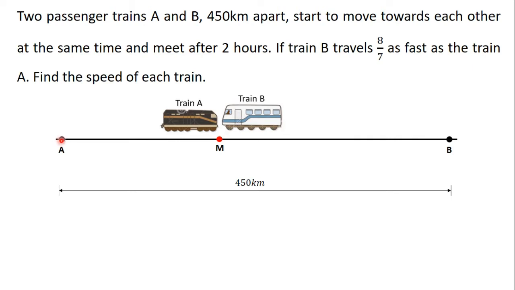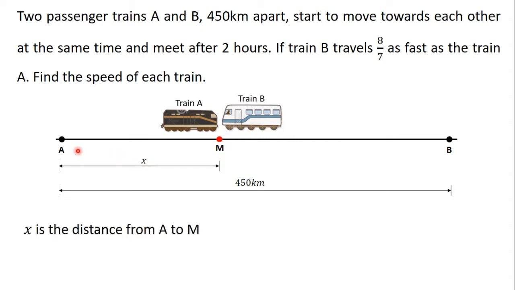So after 2 hours, train A will travel from point A to point M, that is the meeting point. And after 2 hours, train B will travel from point B to point M, that is the meeting point.